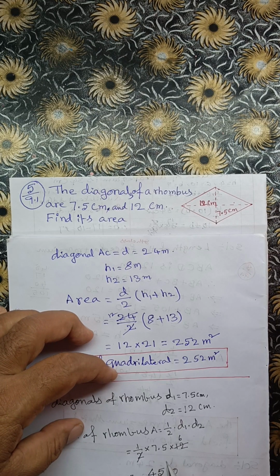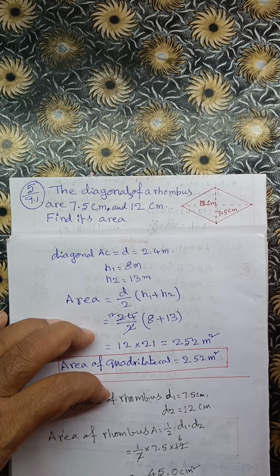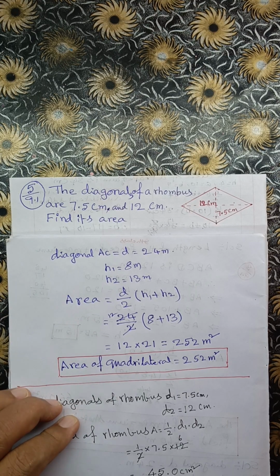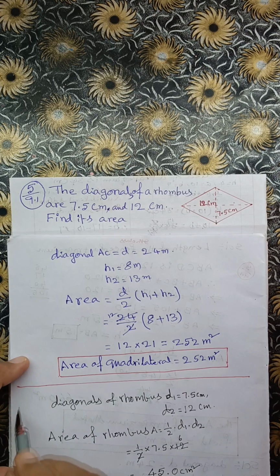Put the point before one digit. So this is area. So we have to take the units centimeter square. Therefore, area is equal to 45 centimeter square. This is the answer for fifth question.